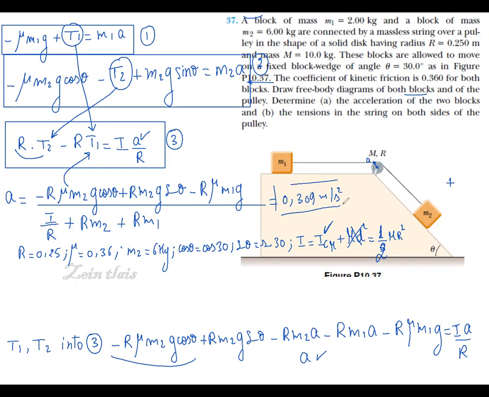This is the value of A. We substitute the value of A in equation 1, we get the value of T1. And in equation 2, we get the value of T2.